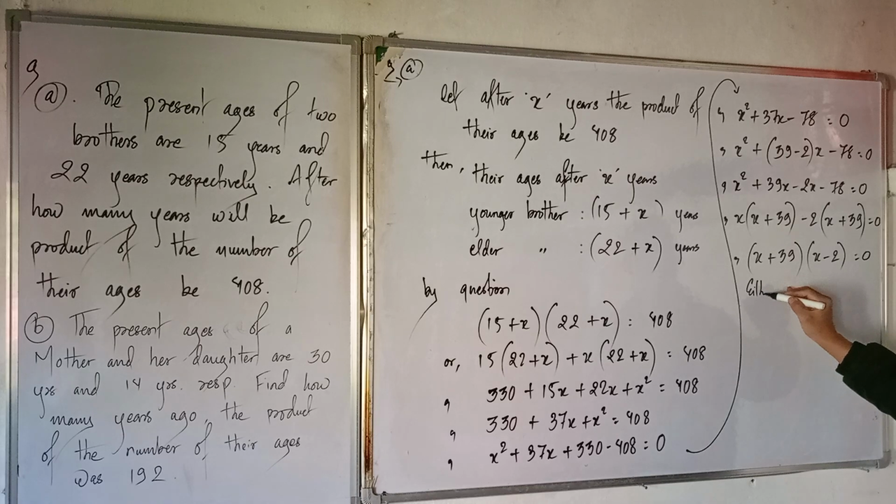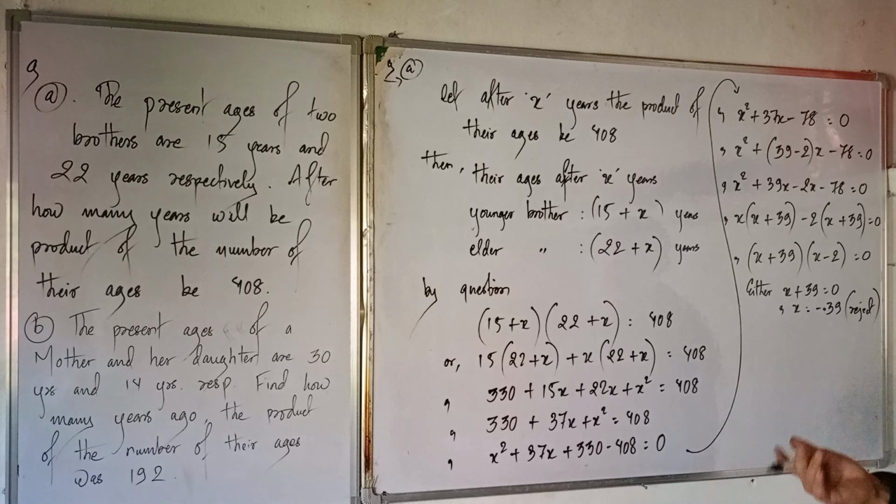Now you do either x plus 39 equals 0, or x equals minus 39. So you reject this. Whatever comes in the minus sign when it comes to years, height, length, distance, you have to reject the minus sign.